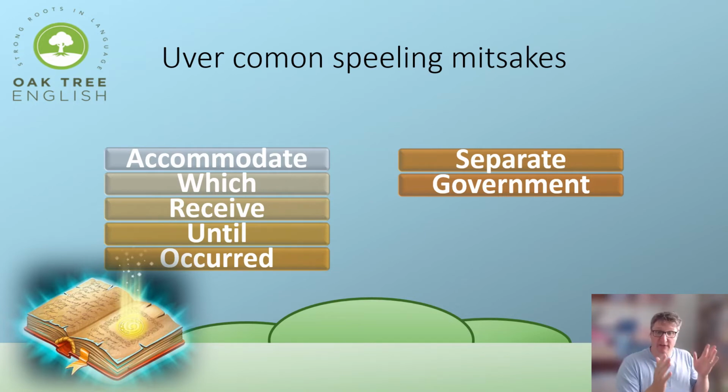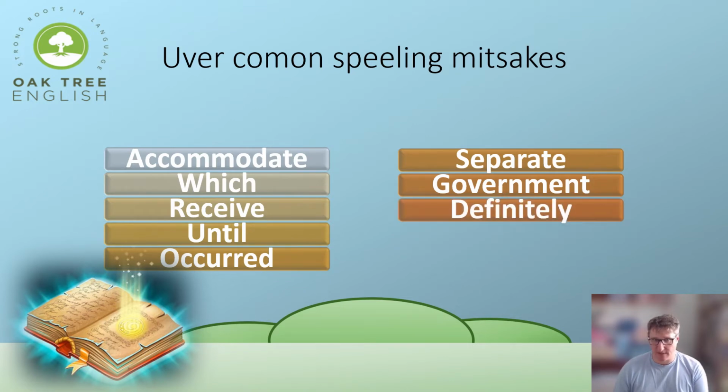So to govern is the root verb. Ment is the suffix which turns the verb govern into the noun government. Remembering things like that is how you can remember that government is spelled with an N.